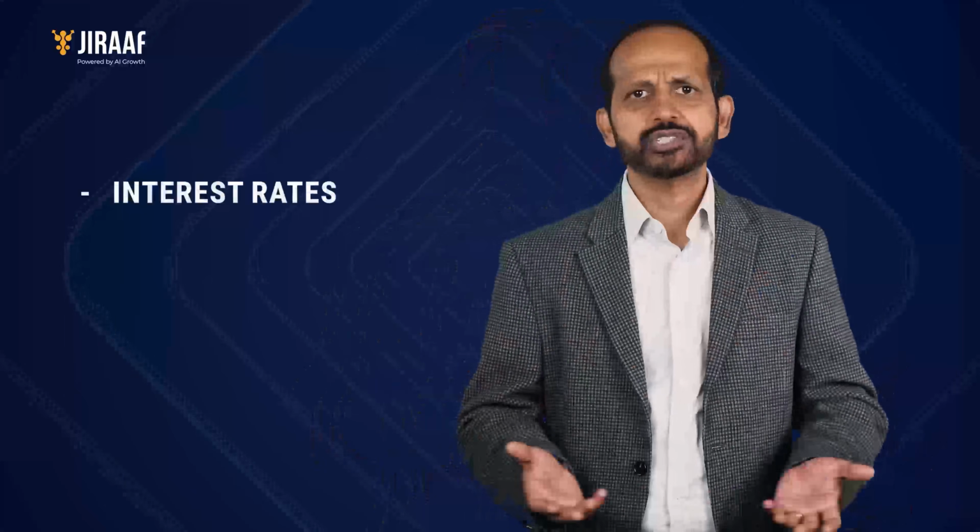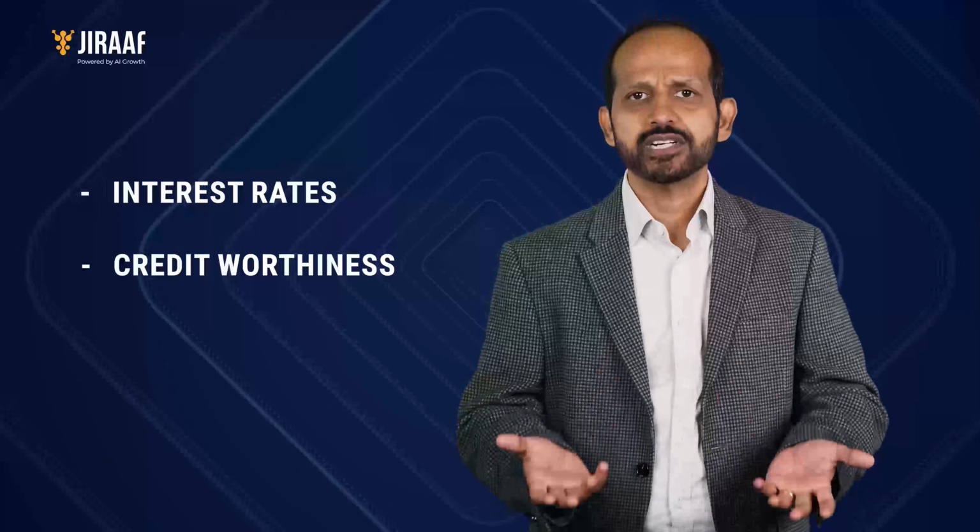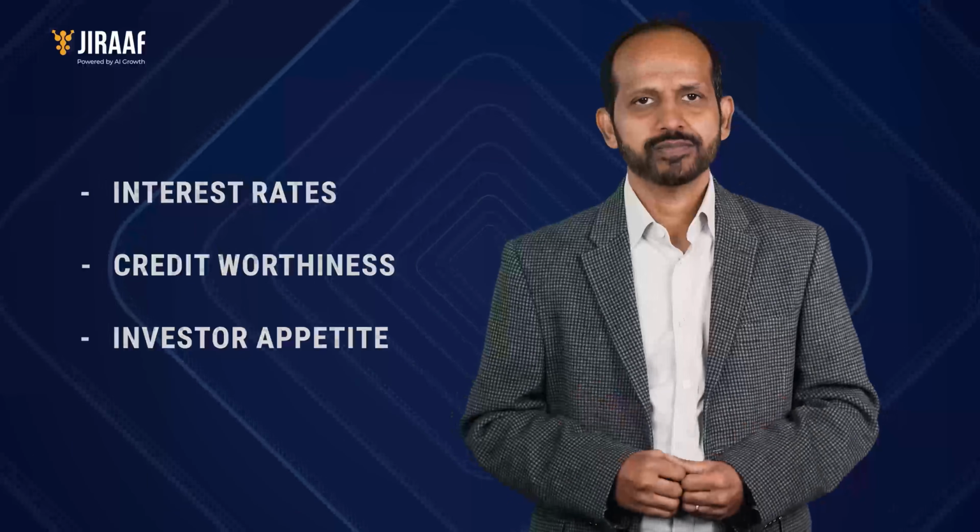Why? Several factors. Premium or discount. This is where the bonds could trade at a premium, which is above the face value, or at a discount below the face value, based on interest rates, creditworthiness, investor appetite, lot of factors.